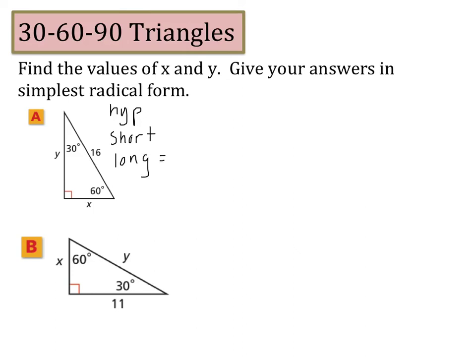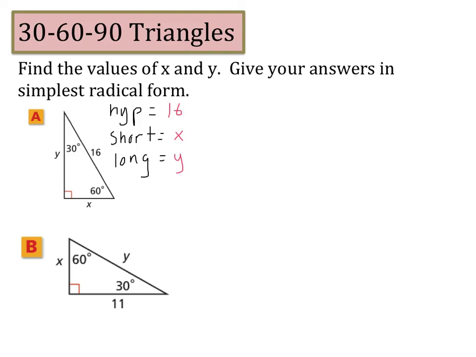So long leg here is opposite of 60, which is y. The short leg is opposite of 30, which is x. And the hypotenuse here is 16.